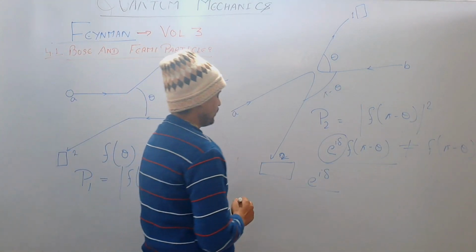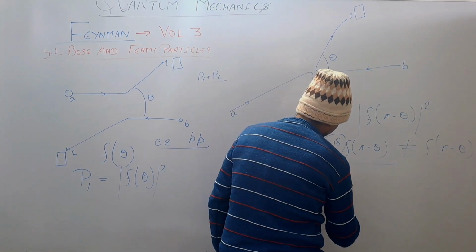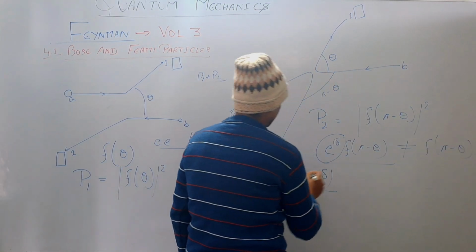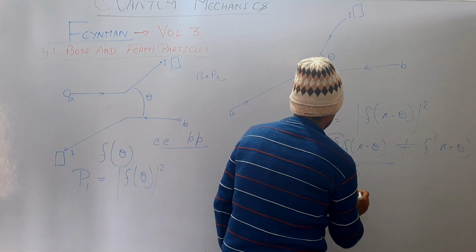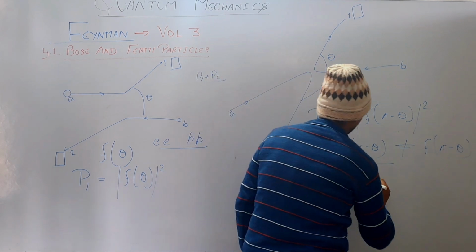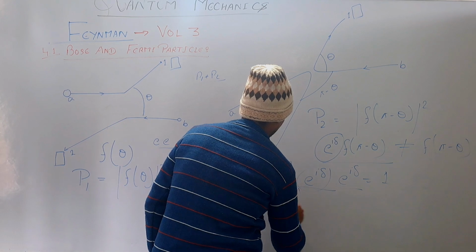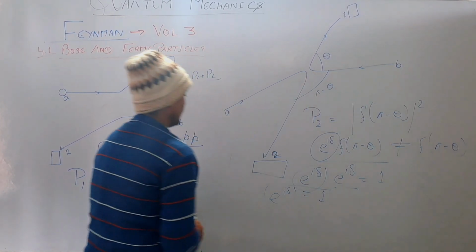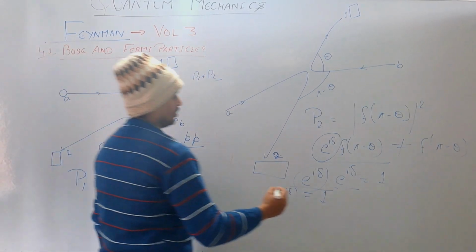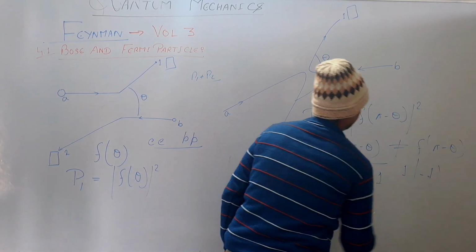Why? Because if we multiply this whole process with a certain phase factor, we will get 1. It means the square of this phase factor is always 1, and it can be 1 or minus 1.